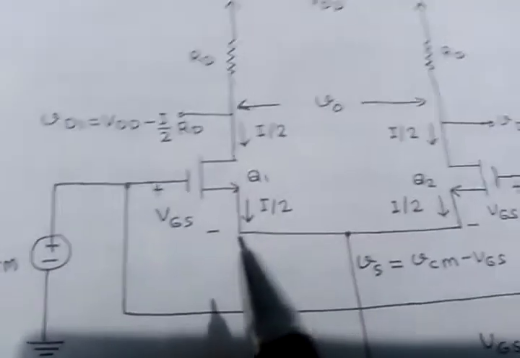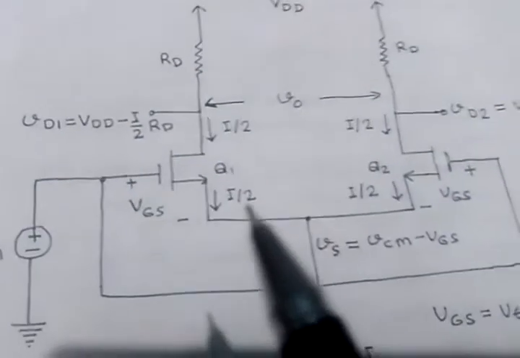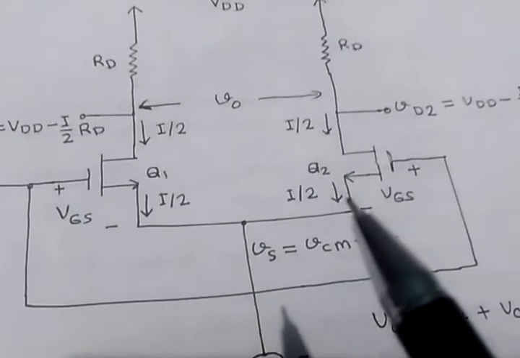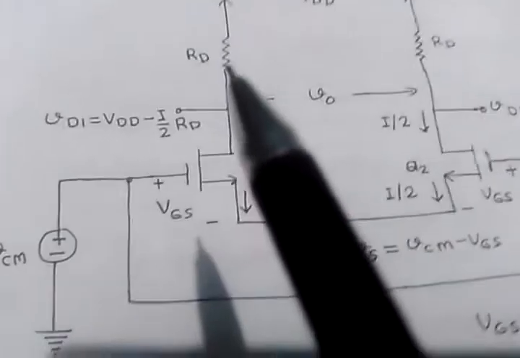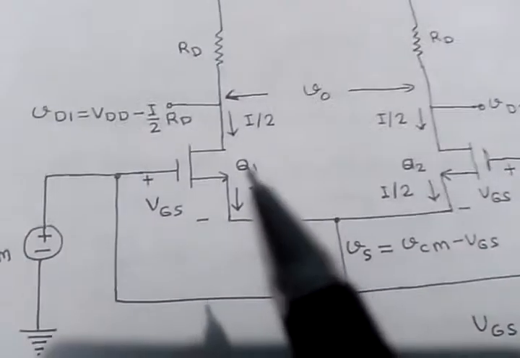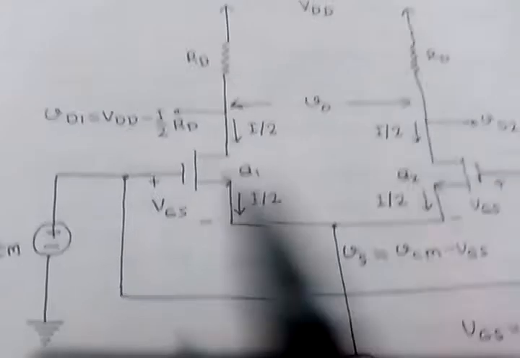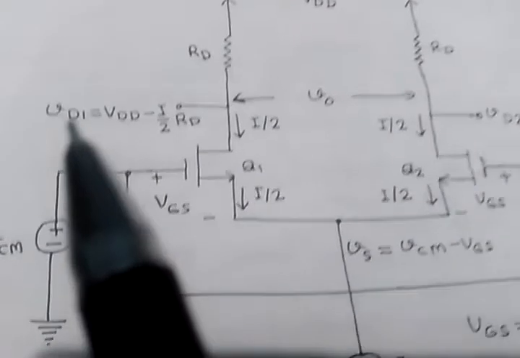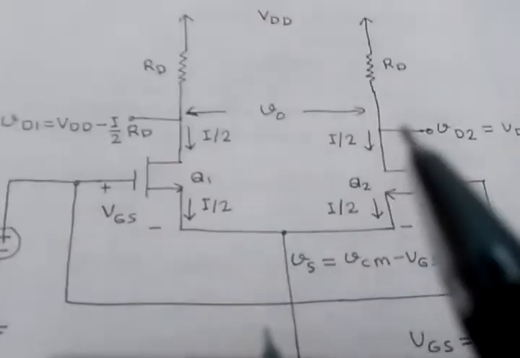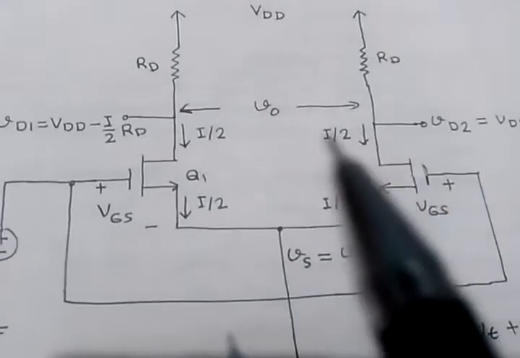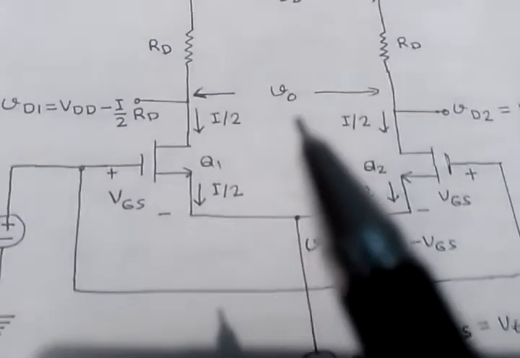And when gate to source voltage of Q1 and gate to source voltage of Q2 will not same, then drain current of Q1 and drain current of Q2 will also not same. So due to the different drain current in this case, the drain voltage VD1 and drain voltage VD2 will be different. So we will get a output VO.